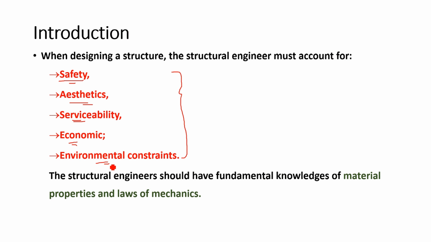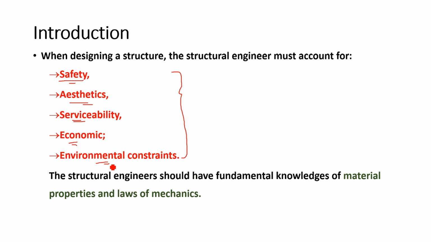Environmental constraint, in the sense, it should be everything surrounding your structures. So for example, let's say the soil, the ground condition of your land when you are constructing the building. If the ground condition is poor, you can't go more than a certain number of stories.